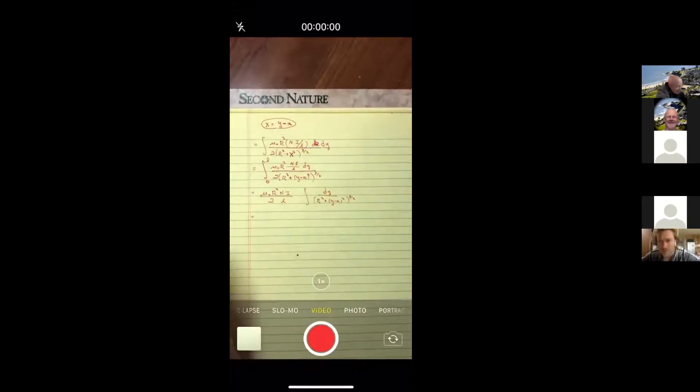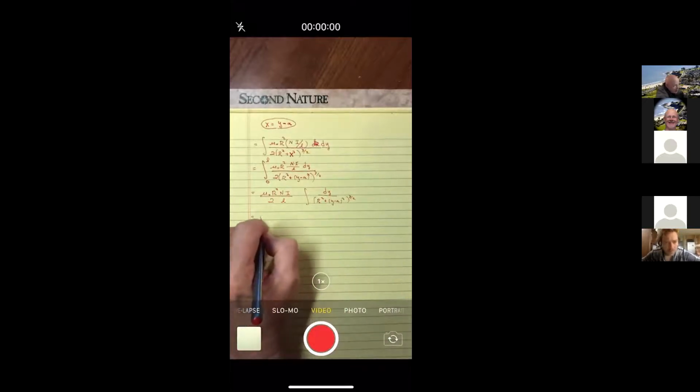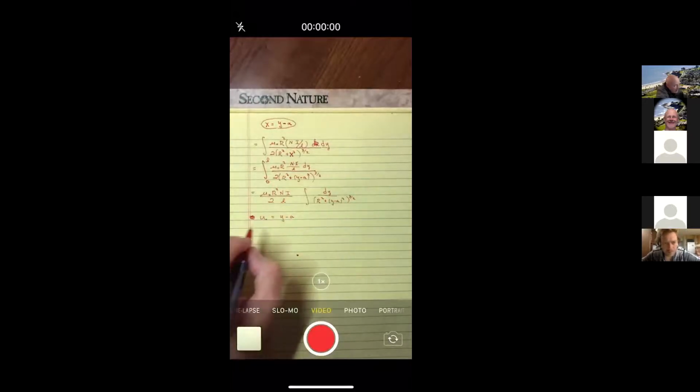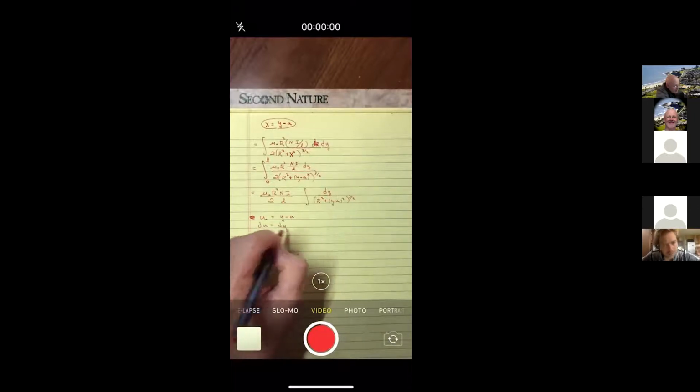Now, I might simplify this a little bit by calling u equal to y minus a. So du equals dy.